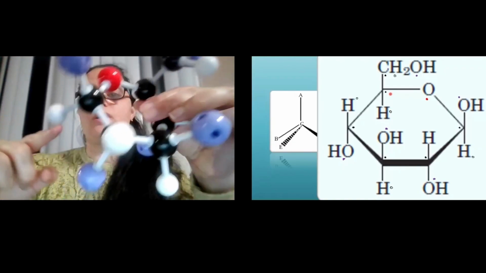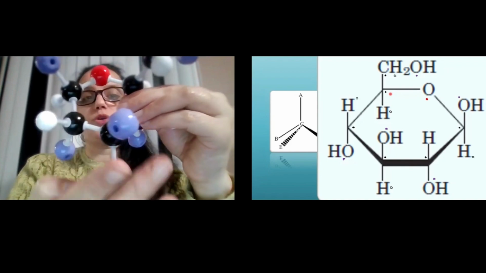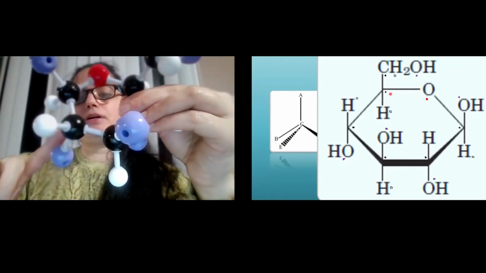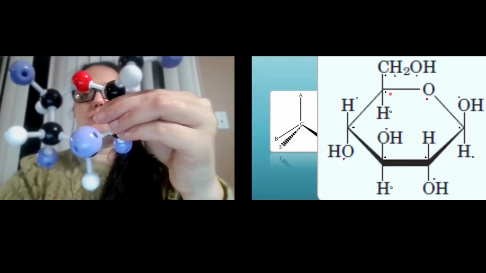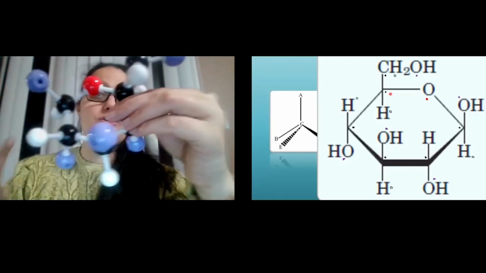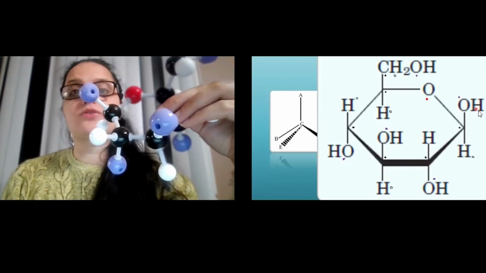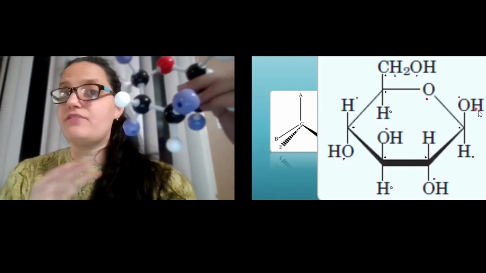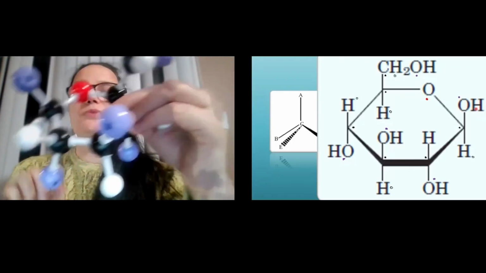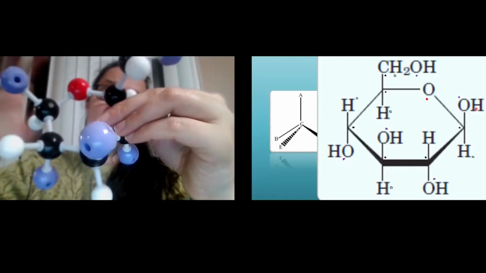All the white balls represent the hydrogens, and the purple balls represent the hydroxyl groups. Once again, I have not represented the oxygen and hydrogen of the hydroxyl group with two different balls. I should have, but for the sake of simplicity, I have used just one purple ball over here.